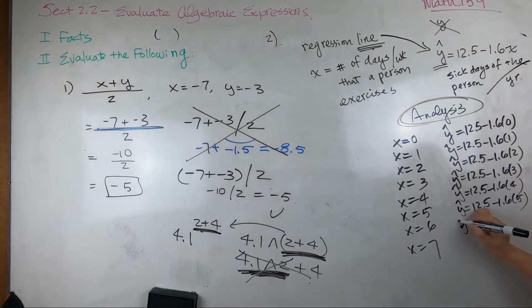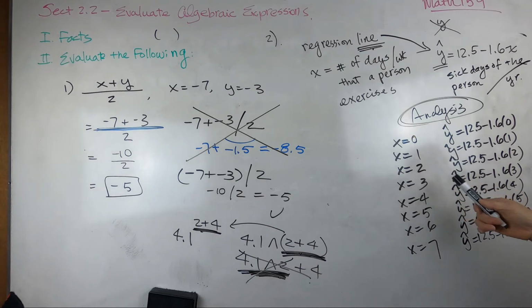If x is 6, then you will do the same. Then one week is 7 days, so the maximum will be 7 days. So you will plug in x is 7.